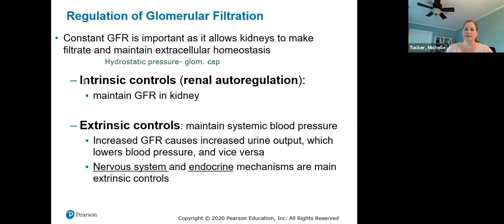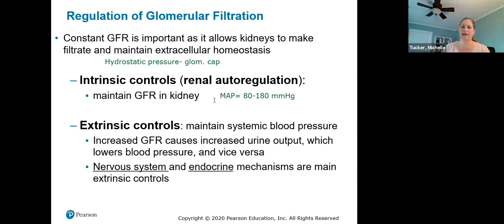There are two sets of controls, intrinsic and extrinsic. Intrinsic controls are going to dominate as long as mean arterial pressure is between 80 and 180 millimeters of mercury. So unless you're looking at blood loss or very high blood pressure, intrinsic controls are going to be in control.